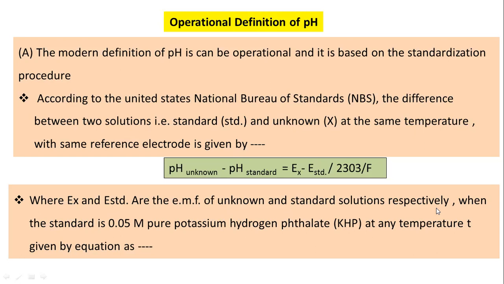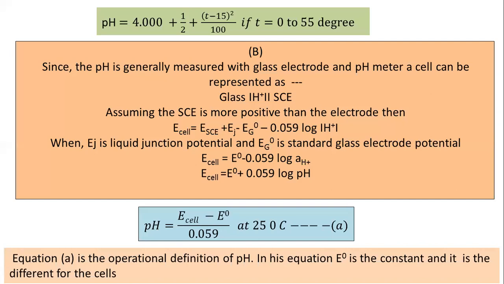When the standard is 0.05 molar potassium hydrogen phthalate at temperature T, its operational pH can be defined by this formula: pH is equal to 4 plus half, T minus 15 squared upon 100, and the temperature T will range between 0 and 55 degrees.